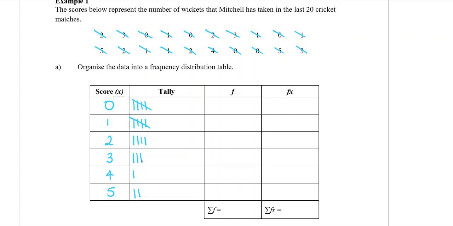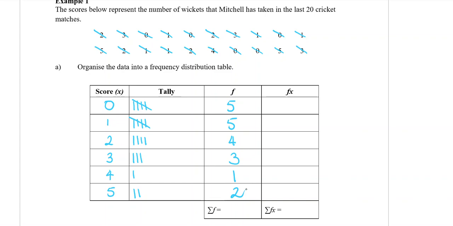The next column, this F, stands for frequency. All that is counting up the number of marks that you have in your tally. So for 0 there were 5 tally marks, 5 for 1 as well, 4 for 2, 3 for 3, 1, and 2. Down the bottom of that row, you'll see there's an extra box. This symbol is a Greek letter, sigma.